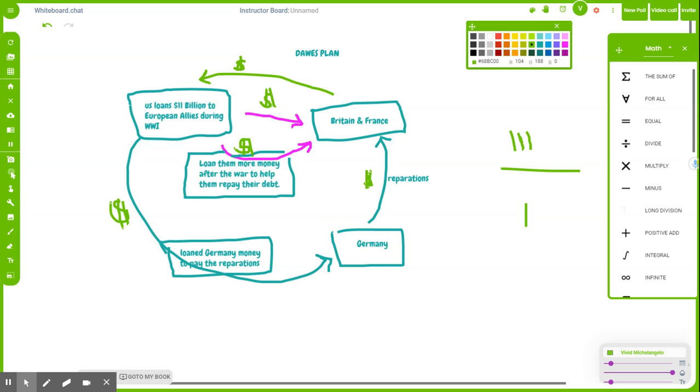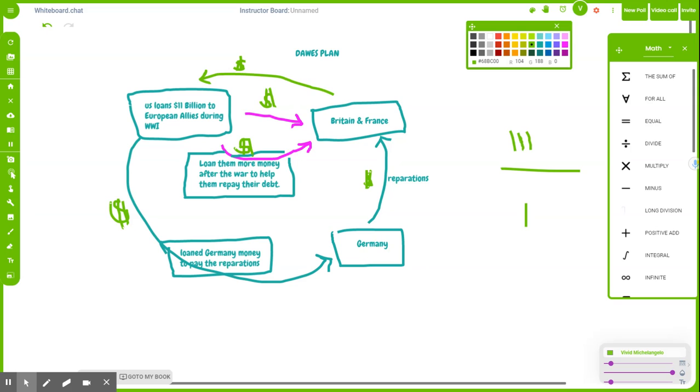The Dawes Plan is an epic failure, as there is no opportunity for Britain or France or Germany or any other European nation to make money, to pay back the loans, and to get ahead of the money that we have loaned to them.